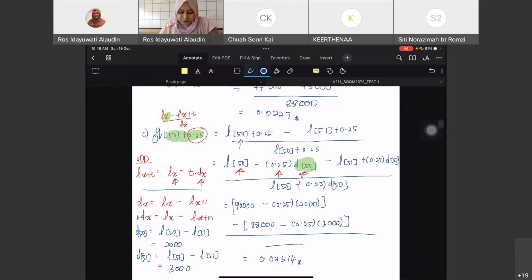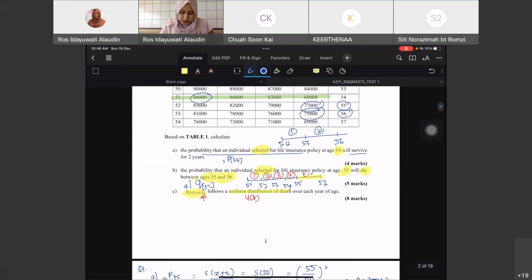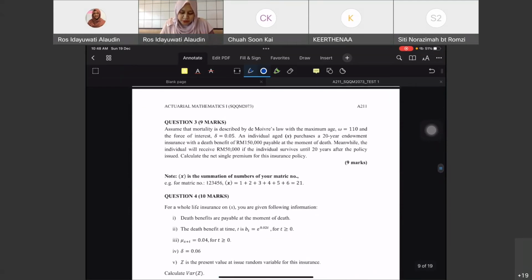Okay, now we go to question 3. All right, question 3. Assume that mortality is described by De Moivre's law. So you know that we're using De Moivre's law with the maximum age omega equal to 110, and the force of interest delta is 0.05.